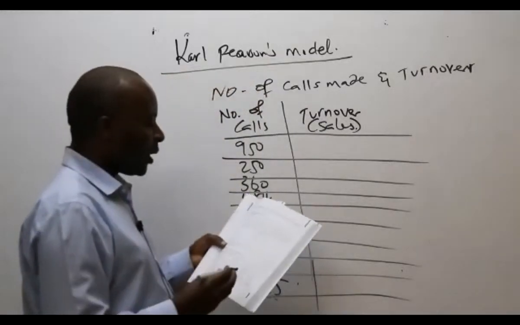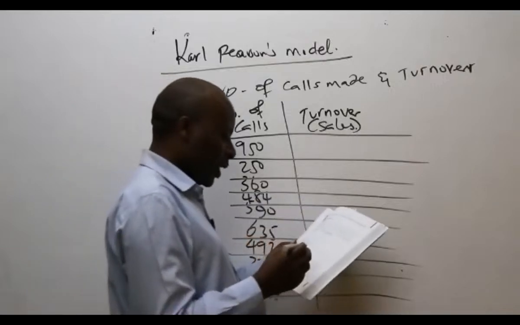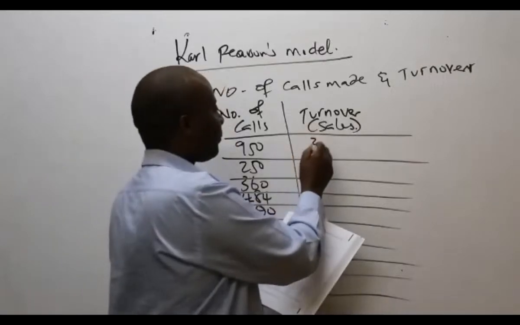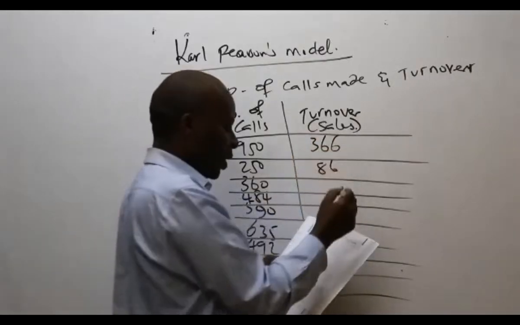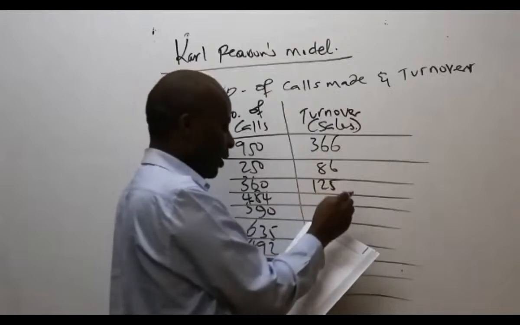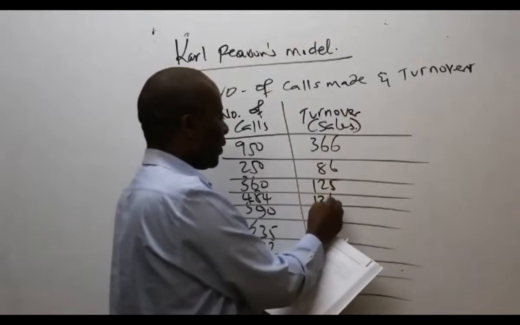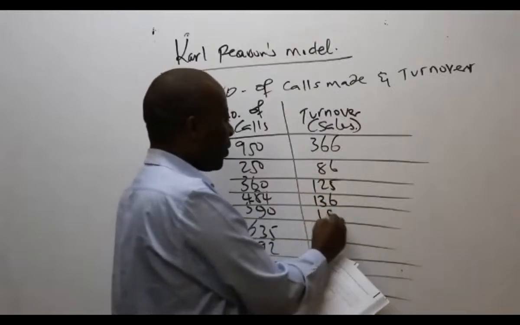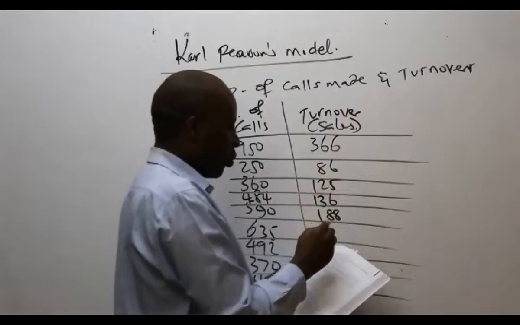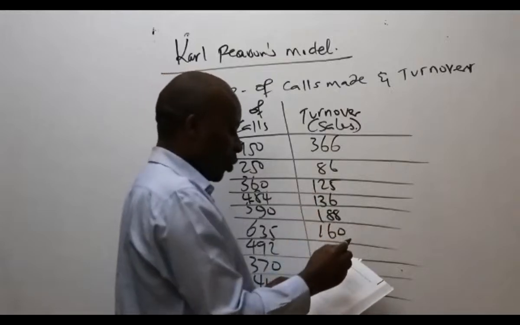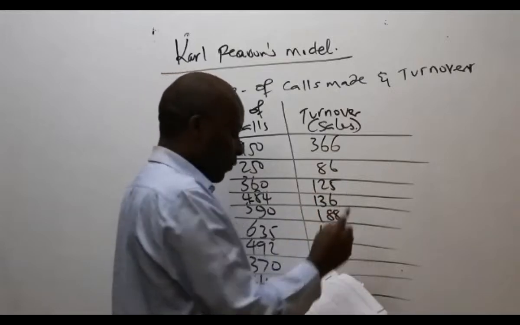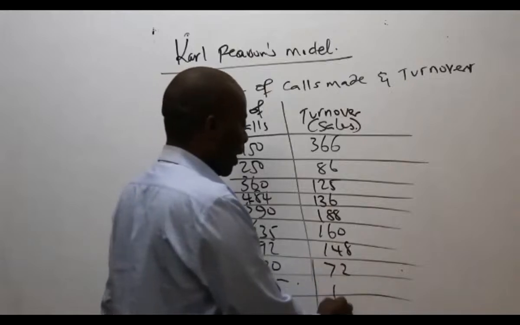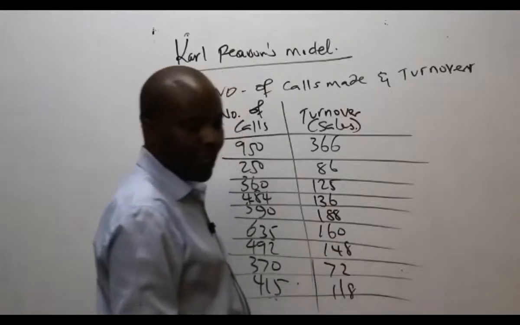So the first turnover they have given me is 366. We have 86, we have 125, we have 136, we have 188, we have 160, we have 148, we have 72, and then we have 118.